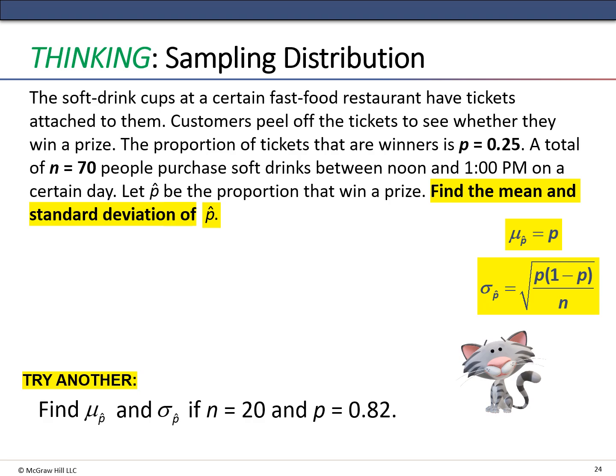The proportion of tickets that are winners is p equals 0.25. Now remember, this is the population proportion. A total of n equals 70 people purchase soft drinks between noon and 1 p.m. on a certain day. Let p hat be the proportion that win a prize. Find the mean and standard deviation of p hat.